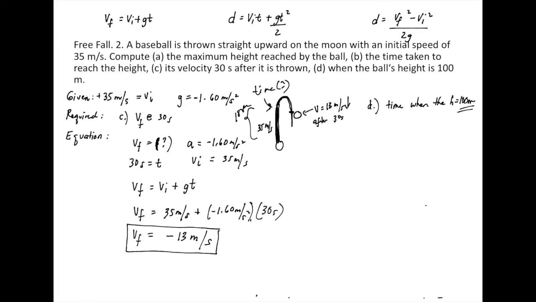So the best equation that we're going to use, let's identify first our given. We have the distance, which is 100 meter. The initial velocity we also have, which is positive 35 meter per second.